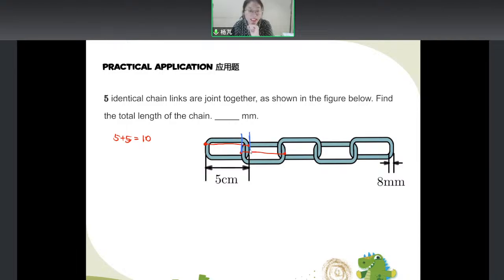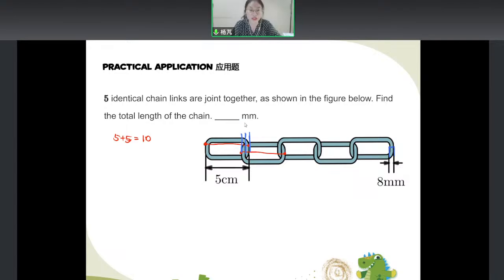Is that 8 mm, 8 millimeter? 8 is only there from here. So, take a look, be careful. 8 just means half of it. So, everyone, this overlapping part, 8 plus 8 equals 16.